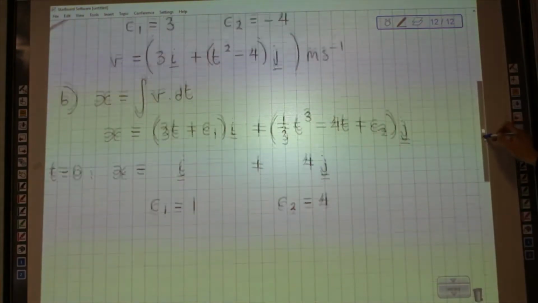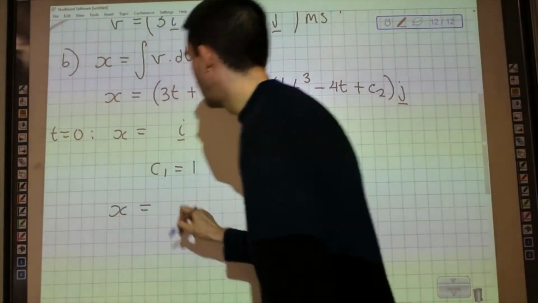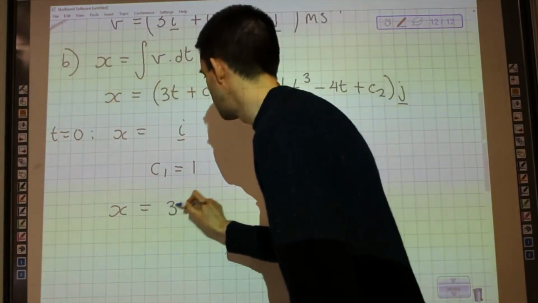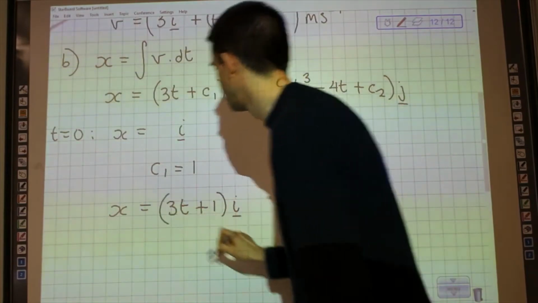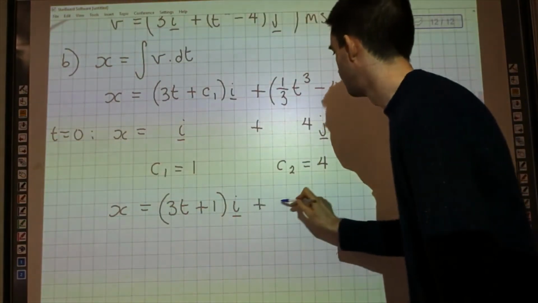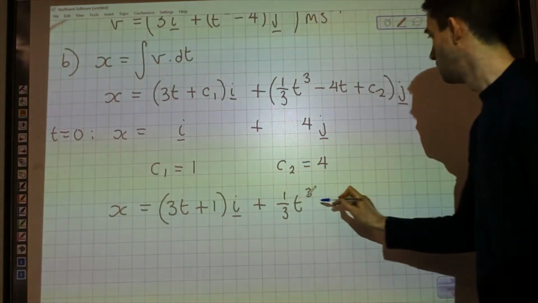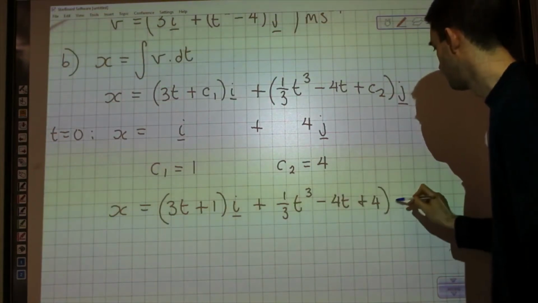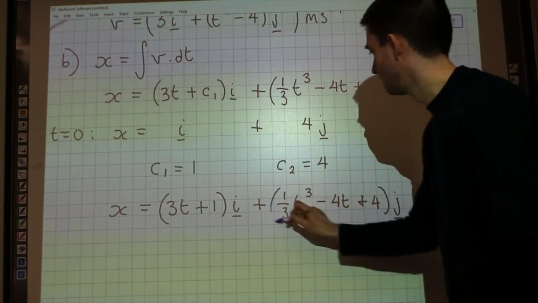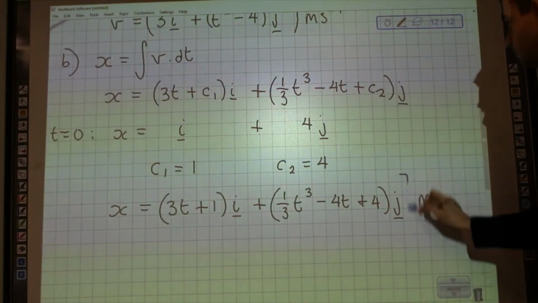Therefore I can express the position of P using x equals (3t plus 1) i plus (1/3 t cubed minus 4t plus 4) j. And because that's position, that's in metres.